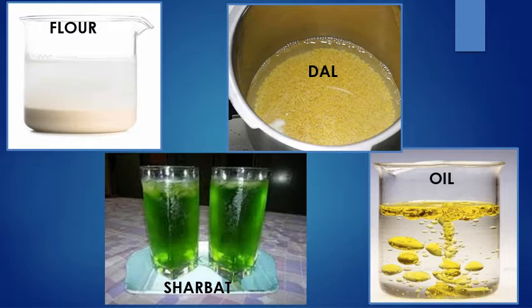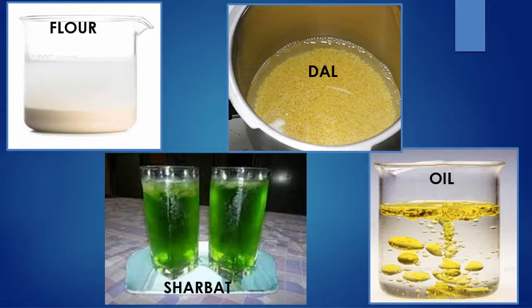We can see that flour, dal and oil do not dissolve in water. Flour and dal settle down, whereas oil floats on water. Sharbat and cooking soda dissolve in water.